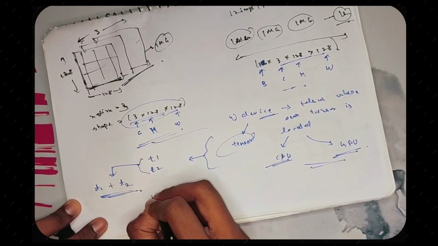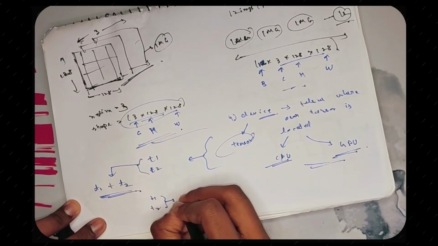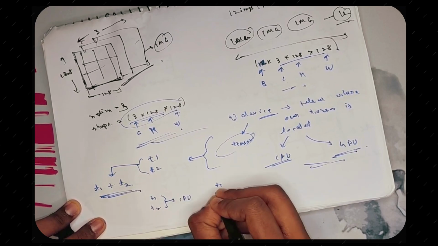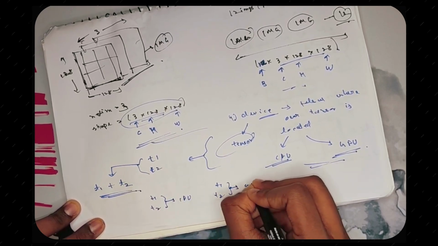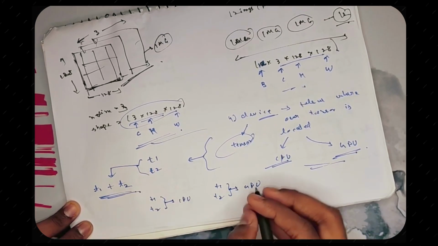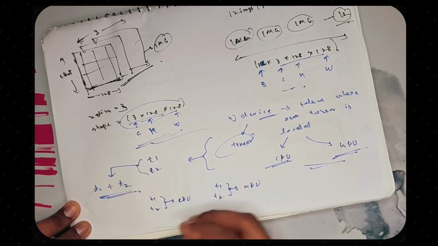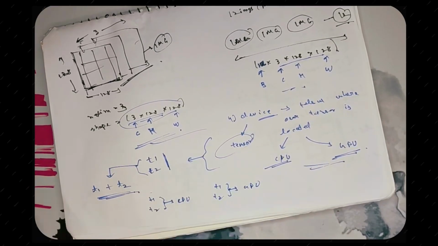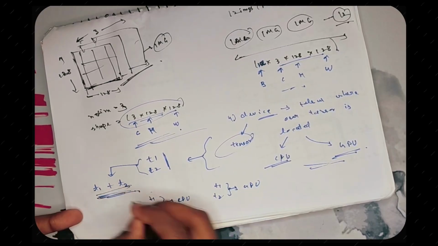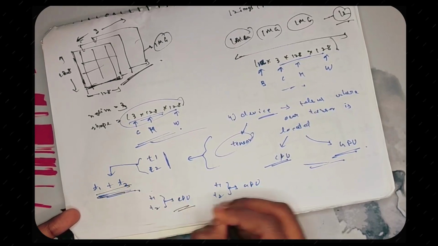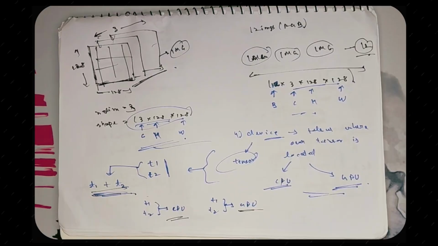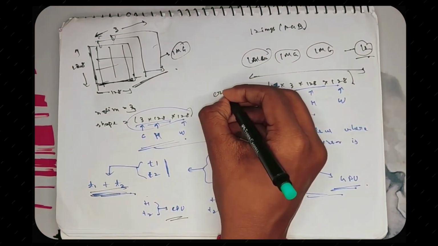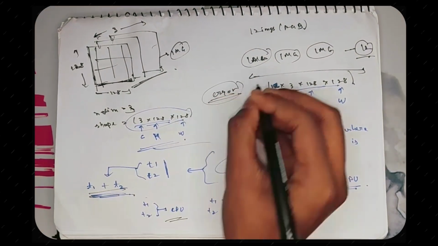So either T1 and T2 can both belong to CPU, or they are both located on GPU, right? But it can't be that T1 is on CPU and T2 is on GPU. So for tensors to participate in any operation with each other, they need to be present on the same device. Otherwise, PyTorch will raise an error and you will be confused about what that error is.